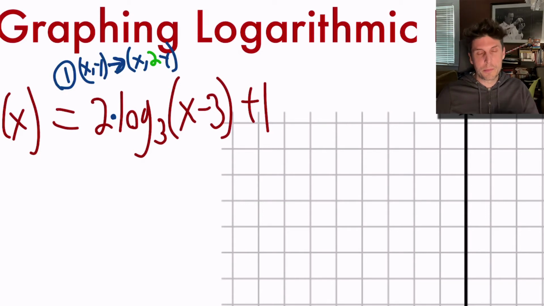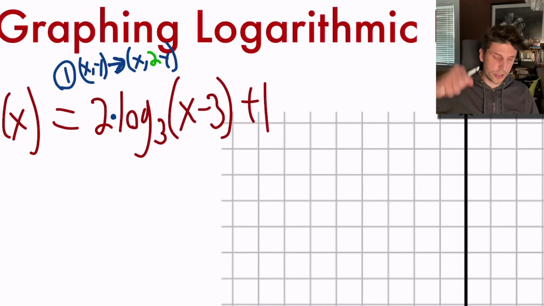The image is going to be distorted. It's a stretch only vertically, so it's a vertical stretch by a factor of 2. That's just the notation for doing that computation. So once you establish those parent points, you take only the y values from that parent and double them all, so you stretch it up.